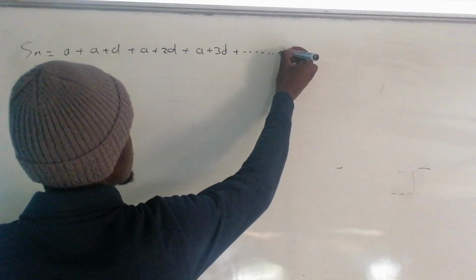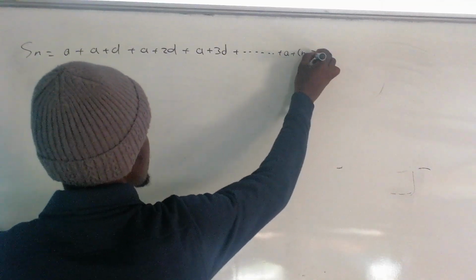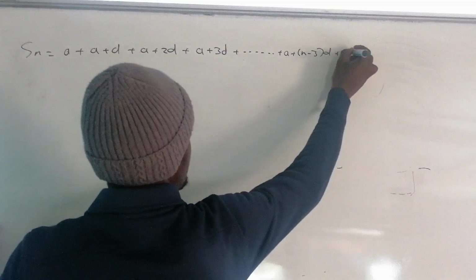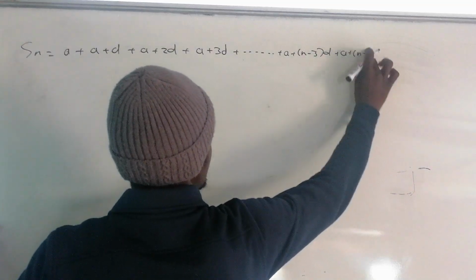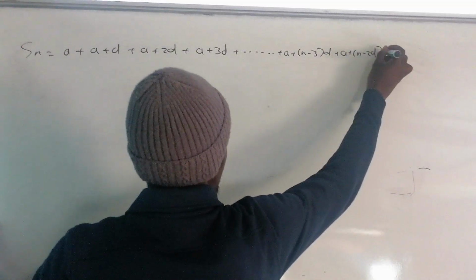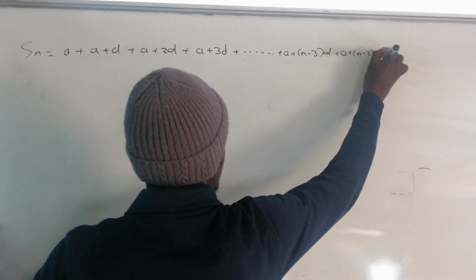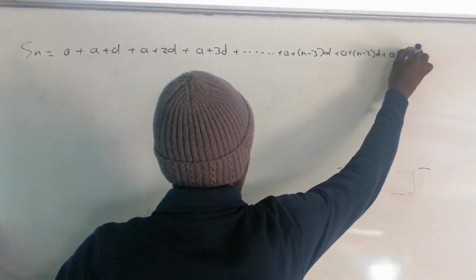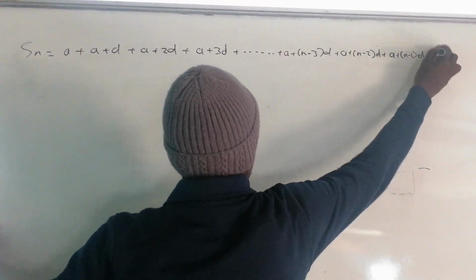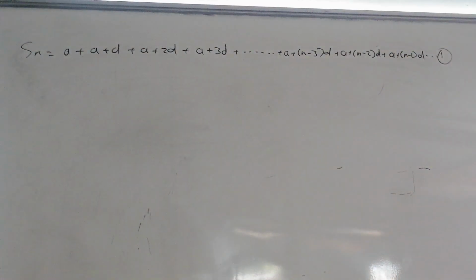But let's do this: a plus (n minus 3)d, a plus (n minus 2)d. Oh, the d is outside the bracket, not inside. a plus (n minus 1)d. This is equation 1. This is how we start doing this.